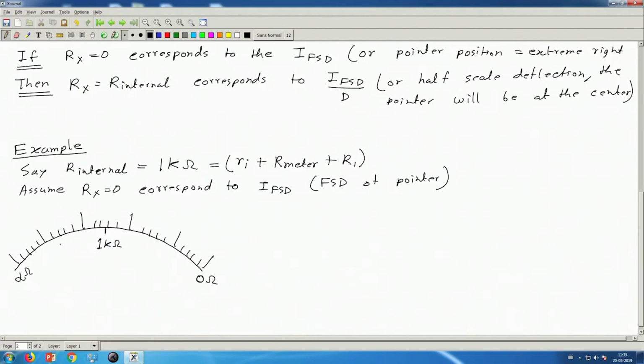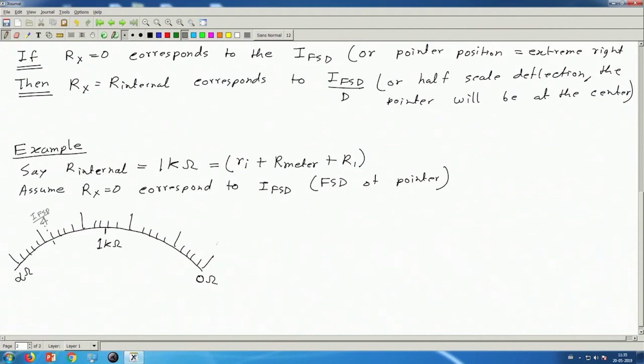Now, consider this position here, which is 3/4 from the right, or you can say 1/4 from the left. So, you write it as IFSD divided by 4.